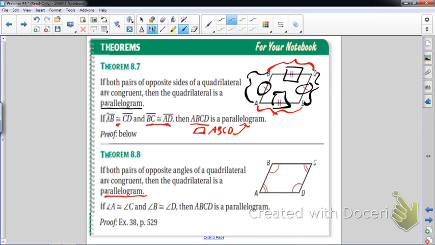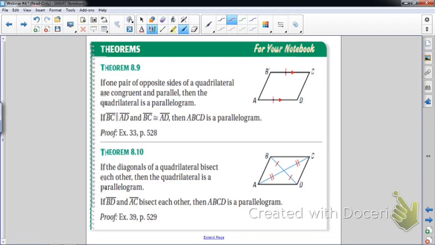So if angle A is congruent to angle C, and angle B is congruent to angle D, then I can claim that ABCD is a parallelogram. Okay, it's very important for you to understand. Again, you're looking for small pieces of information that they give you so that you can break it apart.